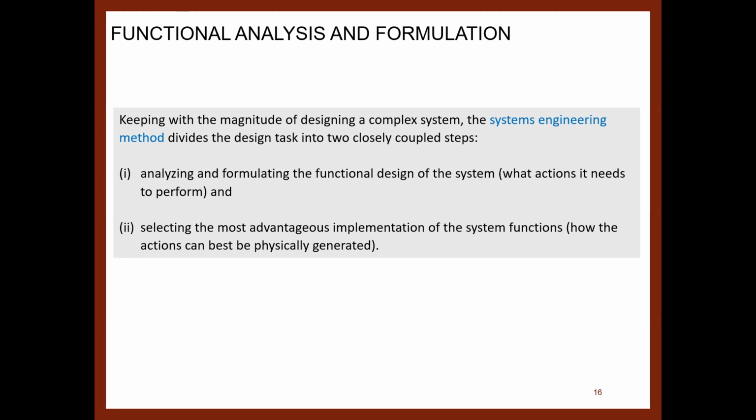First is analyzing and formulating the functional design of the system, which are the actions that the system needs to perform. And then number two is selecting the most advantageous implementation of the system functions, how the actions can be best physically generated.